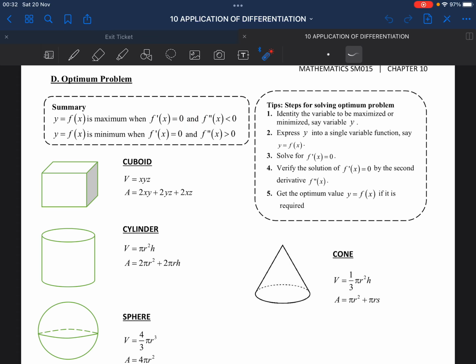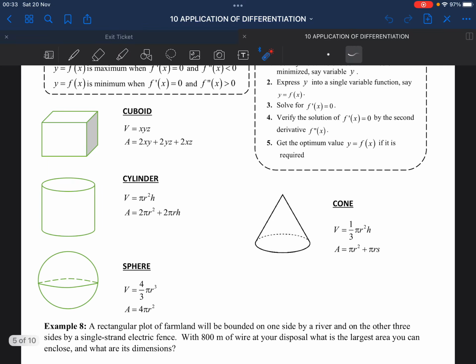And f(x) is minimum when our first derivative equals 0 and our second derivative is greater than 0. So basically what you have already learned in an extreme problem before this, by using the first derivative or second derivative test, this is what we are going to apply on this optimum problem.